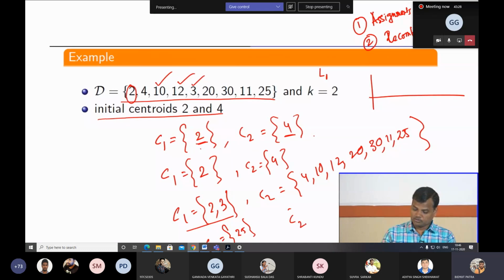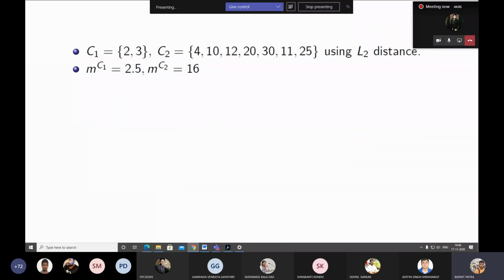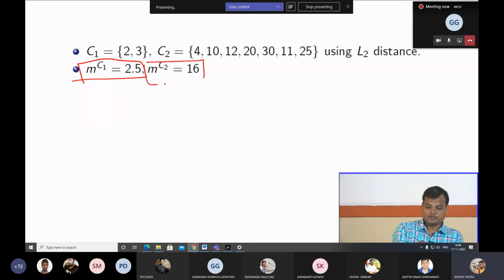And the centroid for C2? 4 plus 10 is 14, plus 12 is 26, plus 20 is 46, plus 30 is 76, plus 11 is 87, plus 25 is 112, divided by 7 points. So it comes to 16. So the centroids are 2.5 and 16.